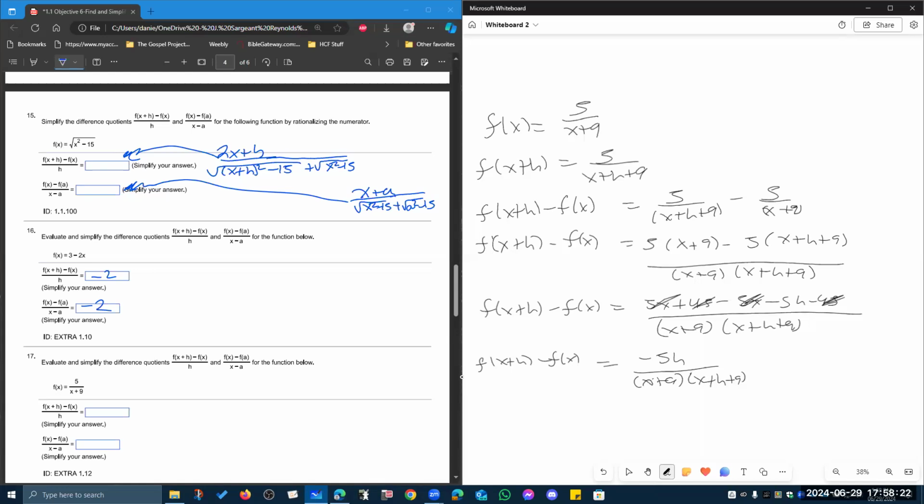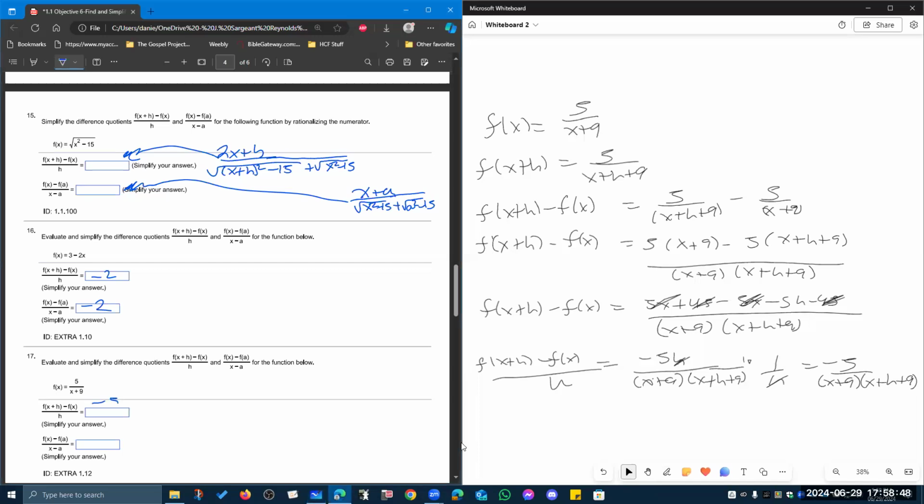And let's divide by h, times 1 over h. The h's will cancel and give me negative 5 over x plus 9 times x plus h plus 9. So that's this first one.